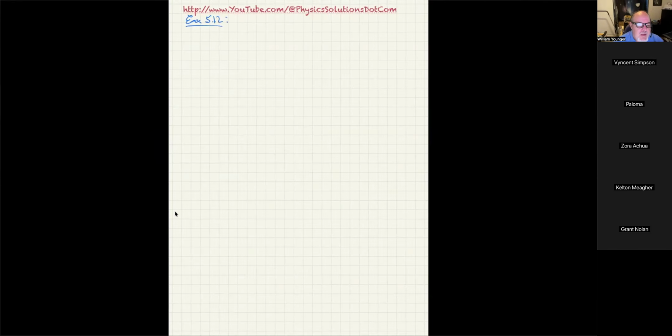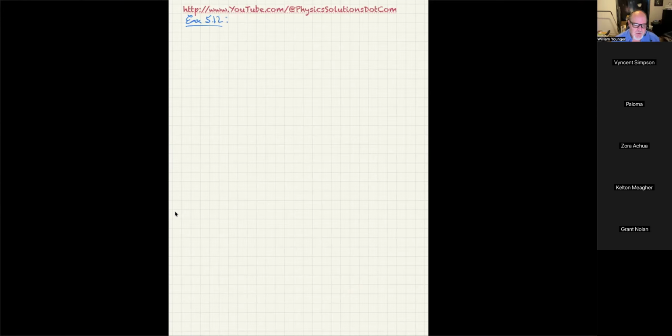It says a revolving ball in a vertical circle: a 0.150 kilogram ball on the end of a 1.10 meter long cord of negligible mass is swung in a vertical circle. A, determine the minimum speed the ball must have at the top of its arc so the ball continues moving in a circle.